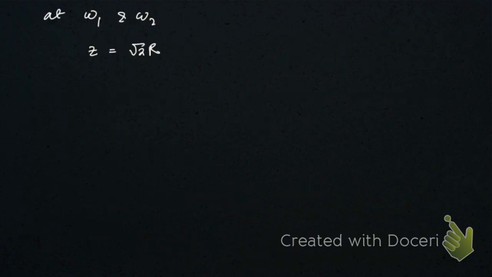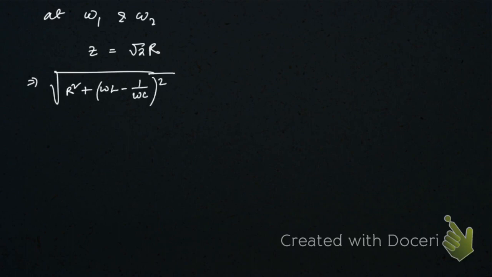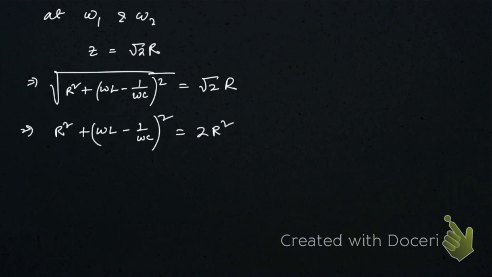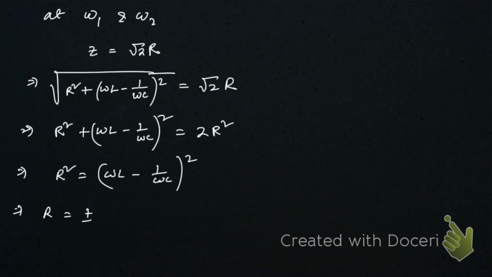We know that Z is equal to root over R square plus omega L minus 1 by omega C whole square, that is equal to root 2 times R. Squaring both sides, we get R square plus omega L minus 1 by omega C whole square equals 2 R square, and this implies R square is equal to omega L minus 1 by omega C whole square, and R will be equal to plus minus omega L minus 1 by omega C, as the root cancels the power 2.